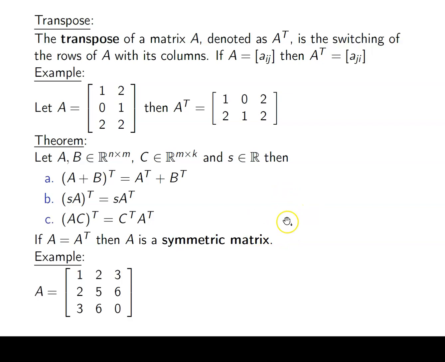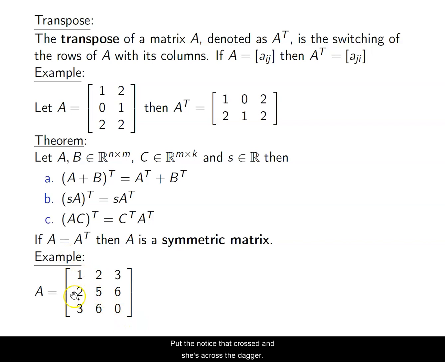So an example. If I swap my columns and rows here, I'm going to get the exact same matrix. Okay. This column is the same as this row. This column is the same as this row. This column is the same as this row. The easiest way to understand that it's symmetric is you look at the main diagonal. The main diagonal can be whatever you want it to be.